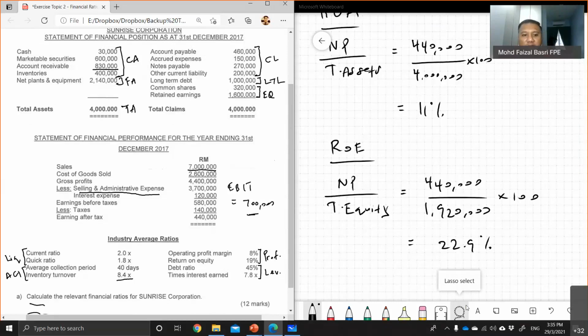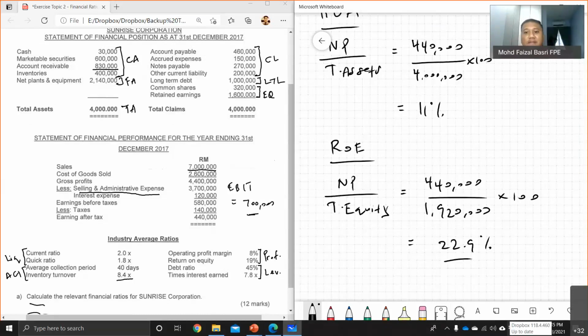The industry average return on equity is 19%, and this company had about 23%. Again, the higher the better. Overall, the profitability of this Sunrise Corporation is much better compared to the industry average, because the OPM is higher, 12%, and ROE is even better, 23% compared to 19%.